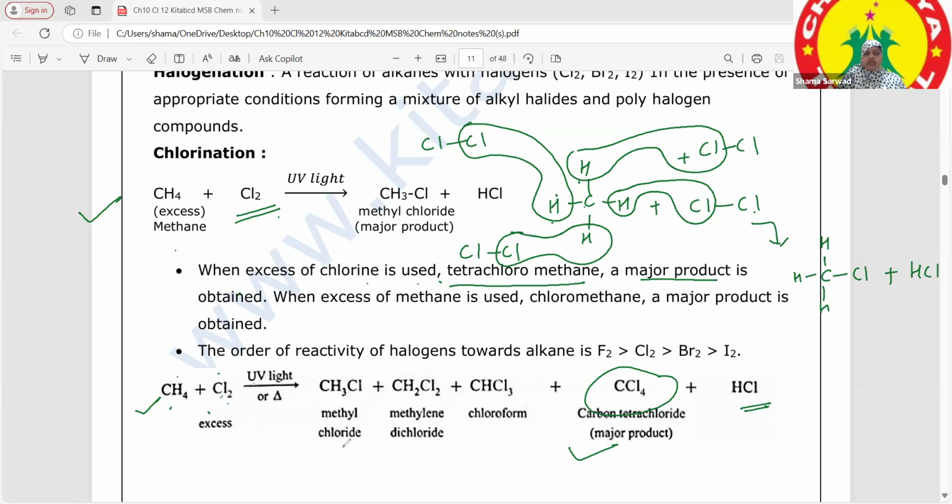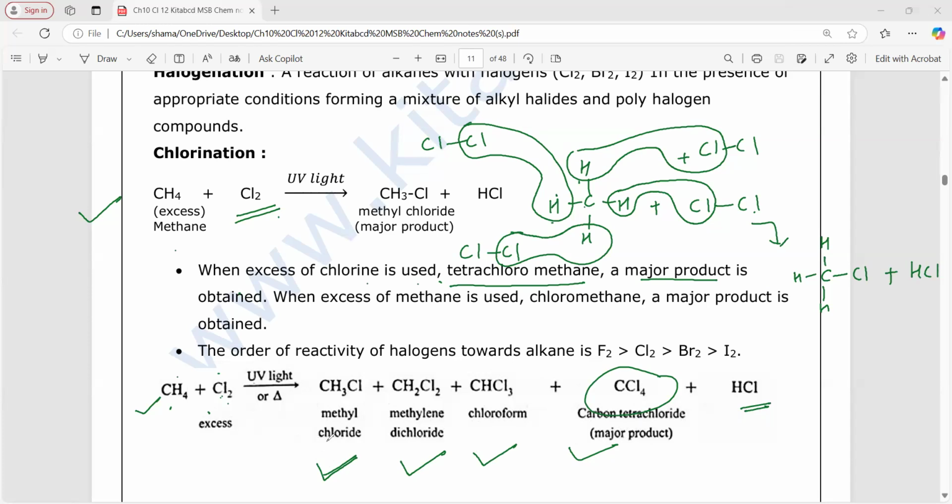If you go sequentially, first there is one chlorine, then two, then three, and at last four chlorines in the product. The names are methyl chloride, methylene dichloride, chloroform, and carbon tetrachloride. Please note down this reaction.